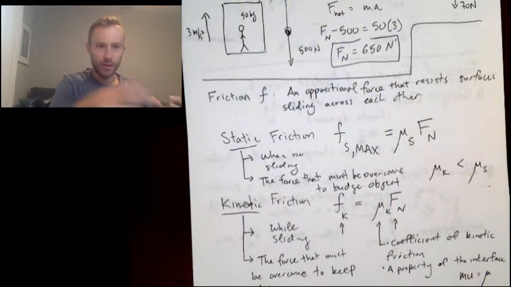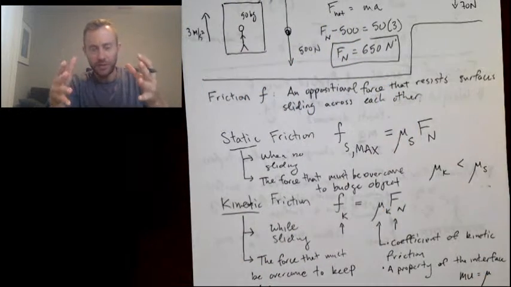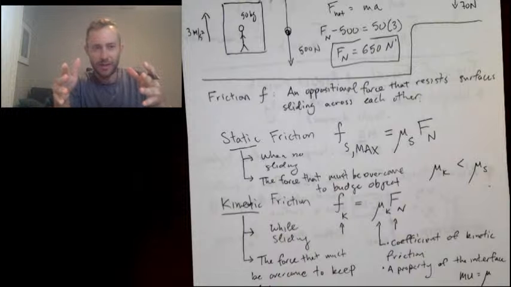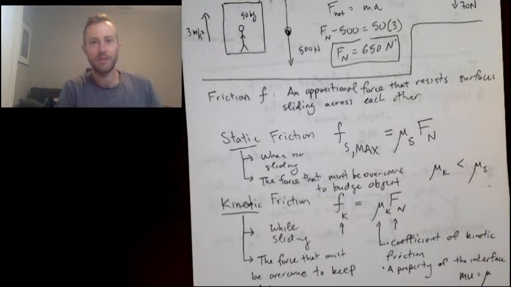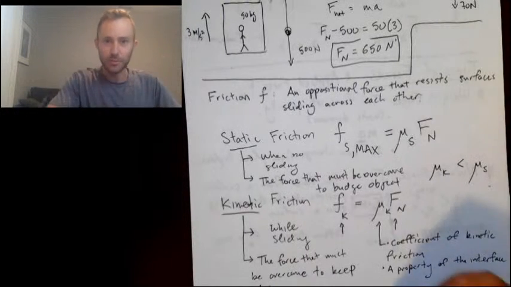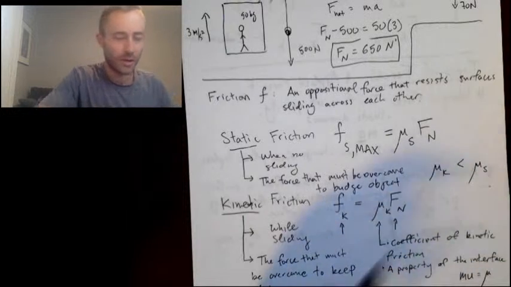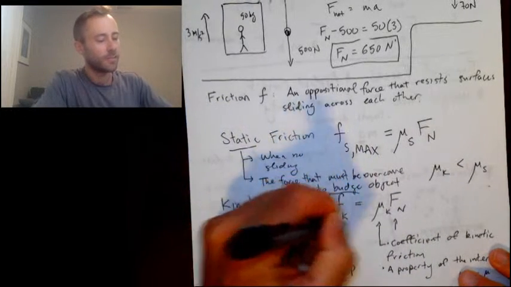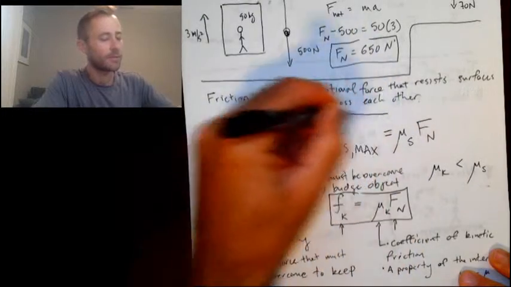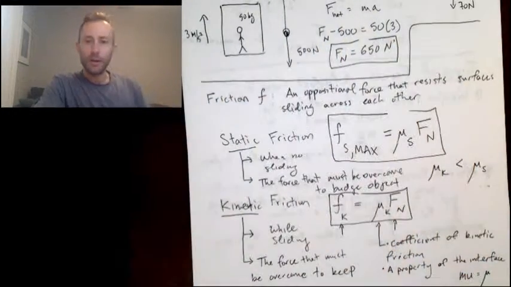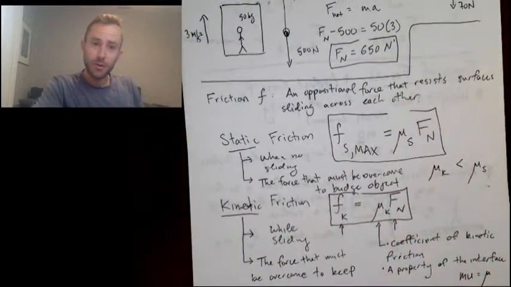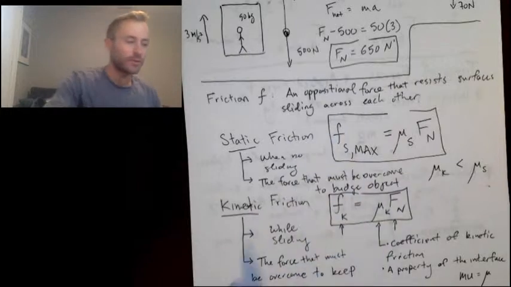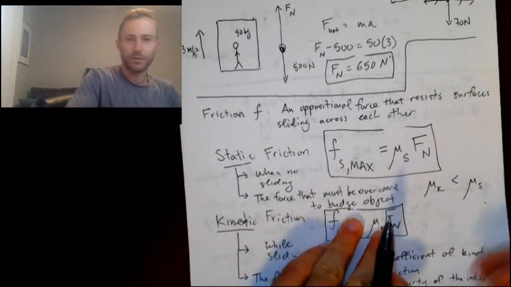You know what I mean when I say budge? Budge means something that's not moving, and then it makes that initial move to start moving. That's a budge. So to make it start moving, you have to at least apply this static friction force.